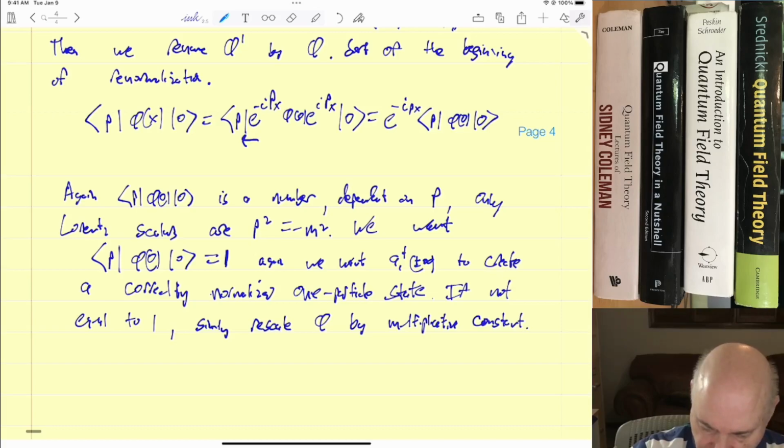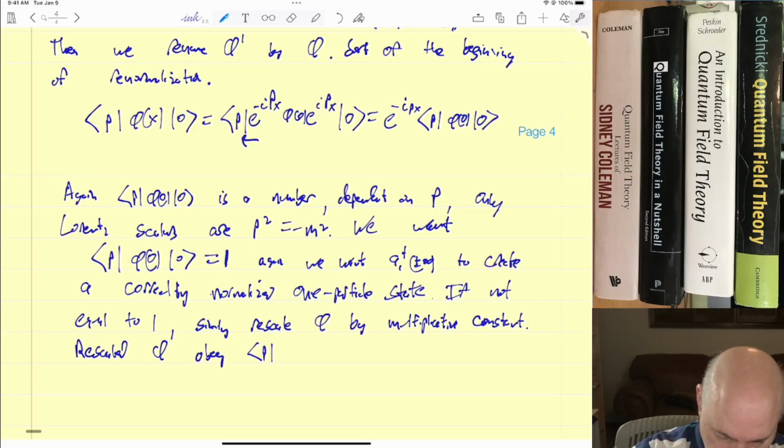So we're kind of assuming that it's not 0. Probably that's not too hard to justify. Anything but 0 is okay. We can rescale it. So the rescaled phi obeys this.